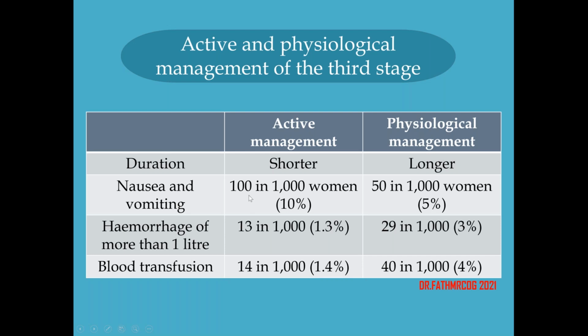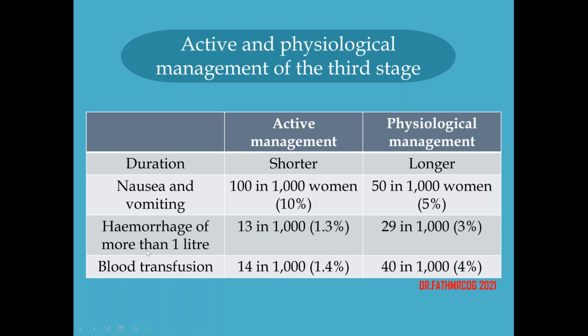And the nausea and vomiting incidence is 50 in 1,000 women, 5%, in physiological management. So nausea and vomiting have more incidence in the active because this may be a side effect of the oxytocin.